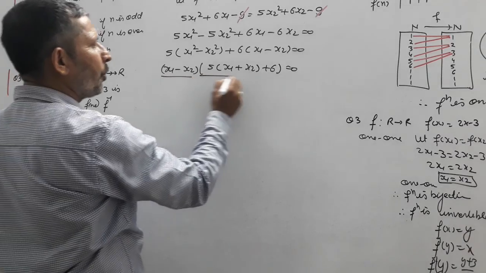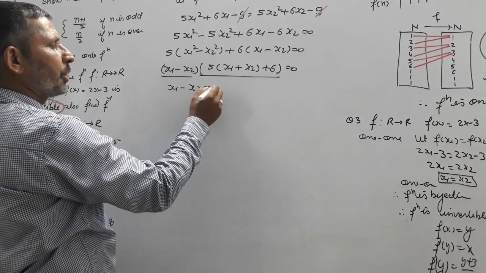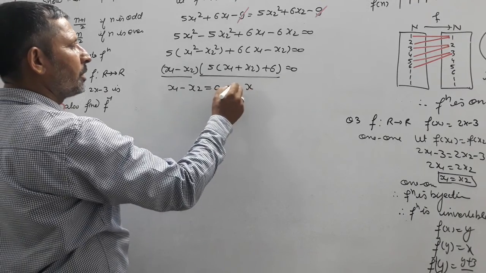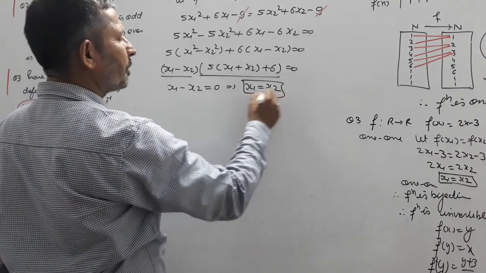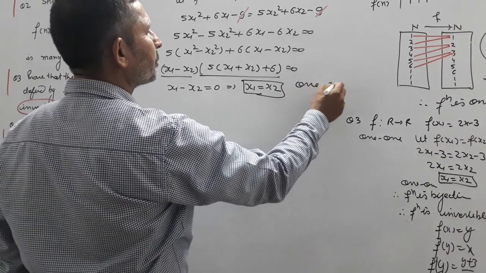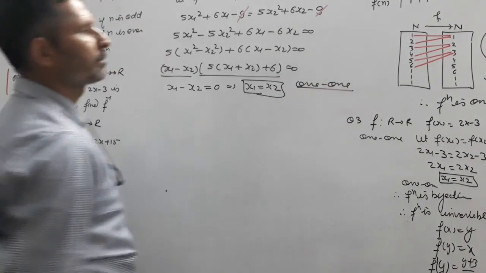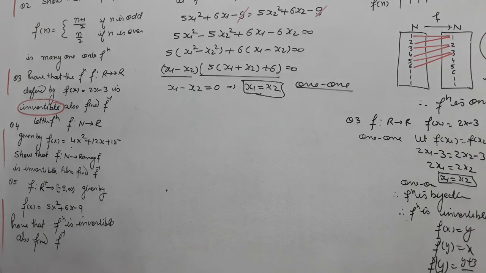Either this equals 0 or this equals 0, therefore x1 minus x2 equals 0, or x1 equals x2. Therefore the function is 1-1.